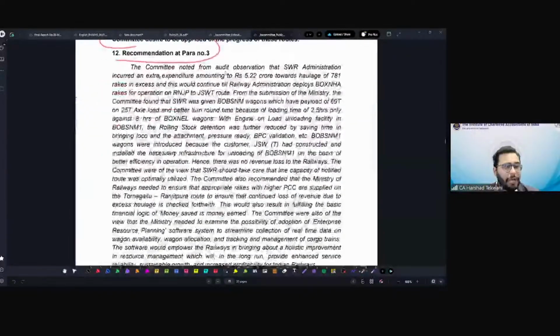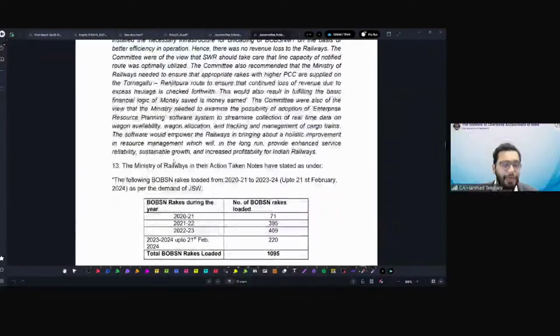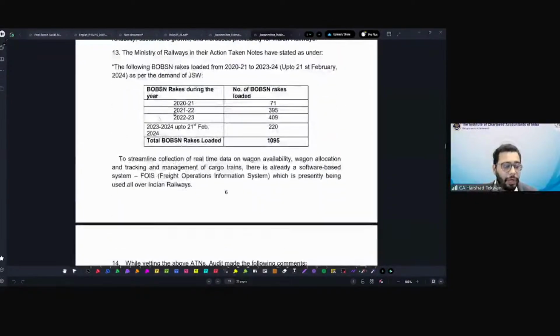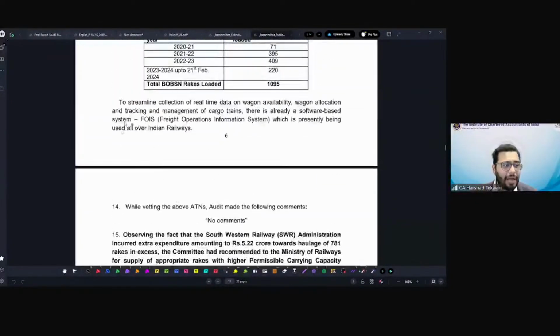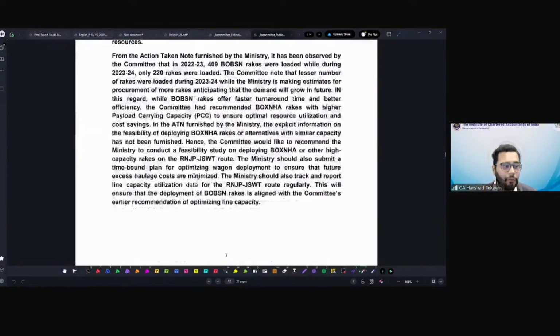See, the committee noted the audit observation that this administration incurred an extra expenditure of this much crore. They will analyze the expenditures and the audit observations, and then suggest what is required to be done for each and every thing.